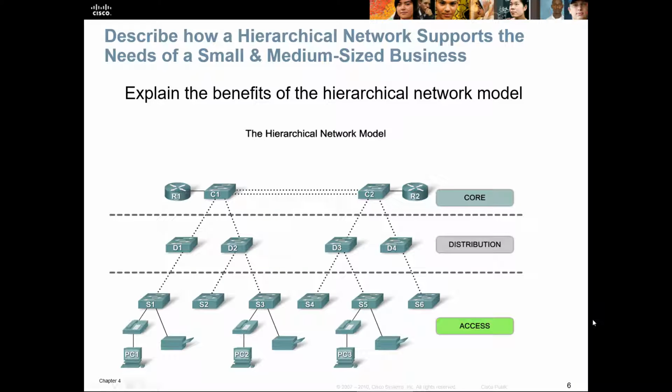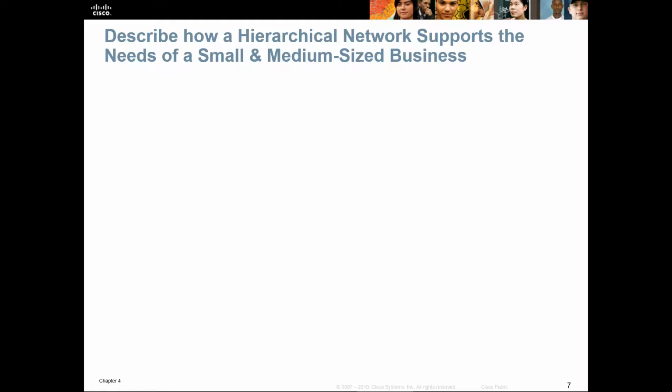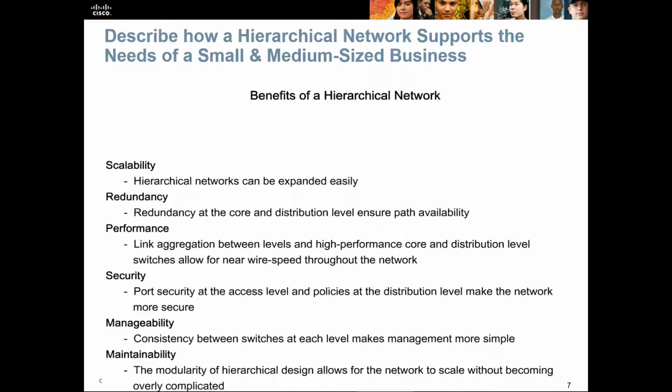With a small to medium-sized business, we could do a dedicated access layer, and that helps troubleshooting long-term and allows for growth. Some of our benefits are scalability, redundancy, performance, security, manageability, and lastly, maintainability. It can grow as the organization needs it to grow.